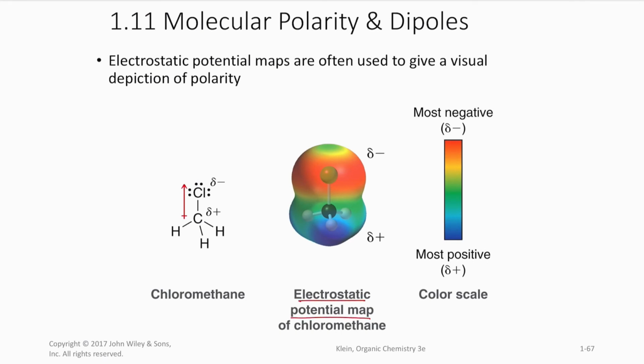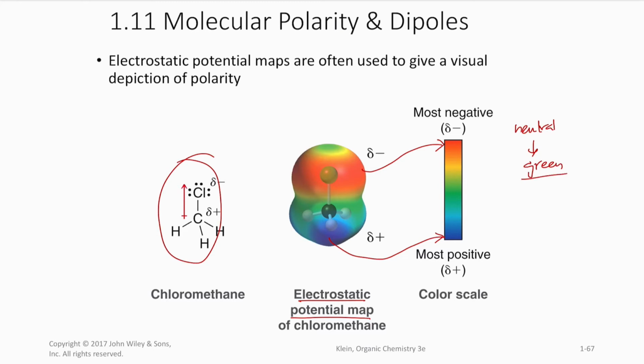Electrostatic potential map shows you the differentiation of the charge that's sitting on the molecules. For example, when you take a molecule of chloromethane, notice the red here. The bright red represents the most negative and the bright blue represents the most positive. A neutral molecule would look green if it had no polar covalent bonds at all.